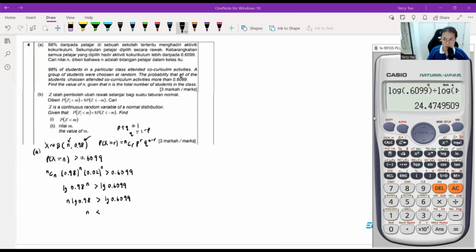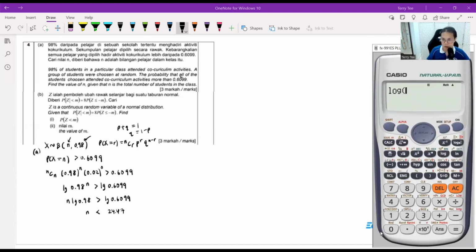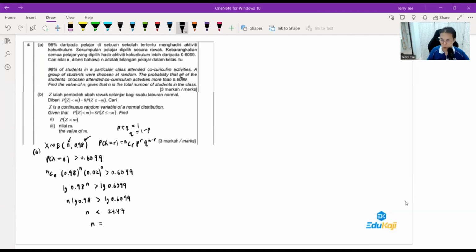So this is 24.47. Let me write it down first, 24.47. If you're unsure, you can just type log 0.98 here. See, this is a negative number. And let's say I do log 0.6099. Notice this is a negative number. So a negative number divided by a negative number is going to be positive, but the symbol has to change. And your n is now 24.